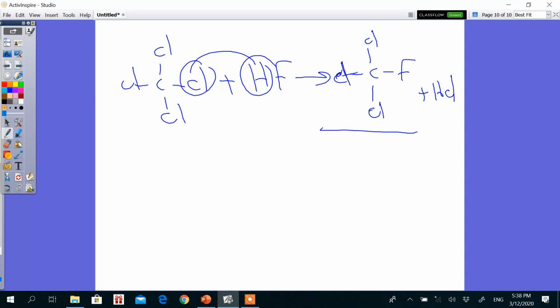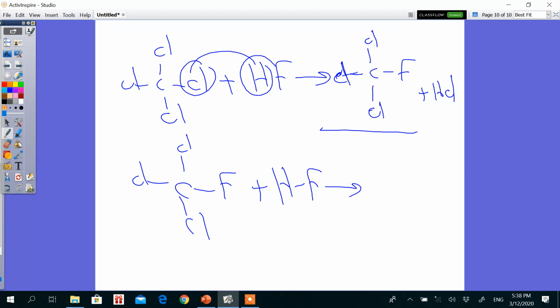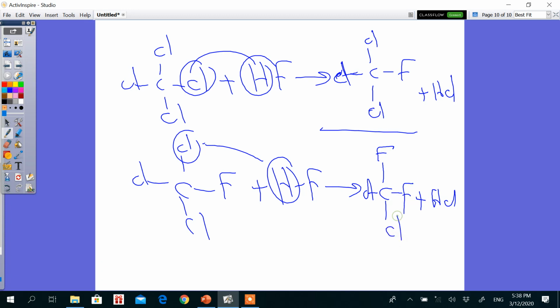And I can get more with another HF, to produce, H will take another Cl and produce binary HCl, but the main compound is methane with Cl, another F here and the F here and Cl here.